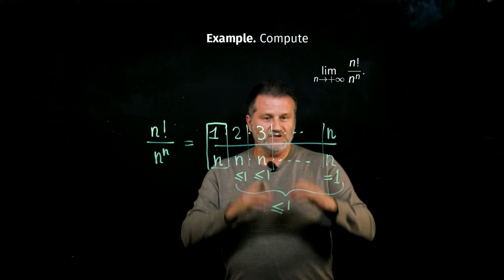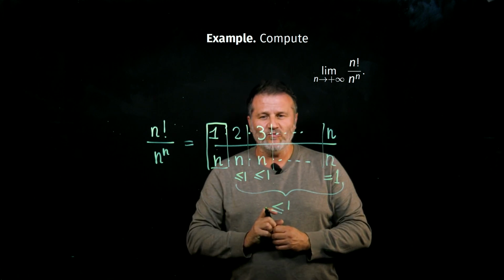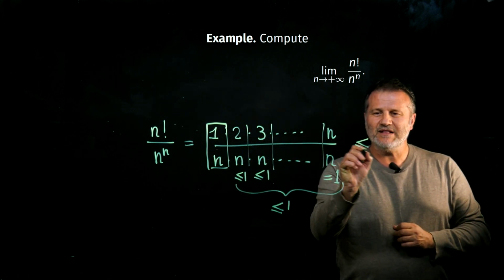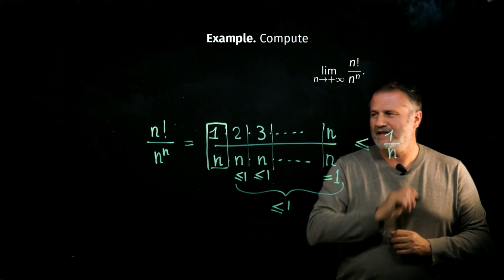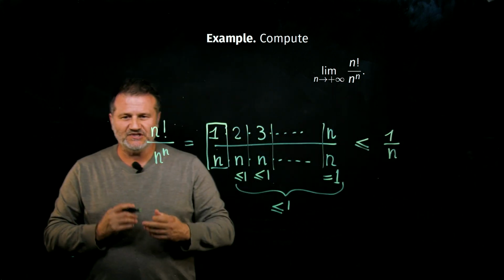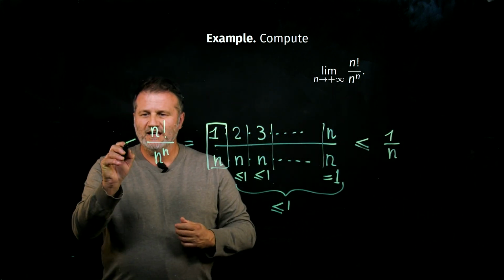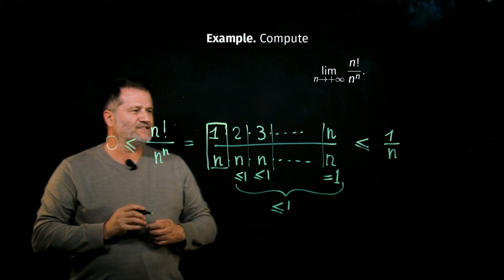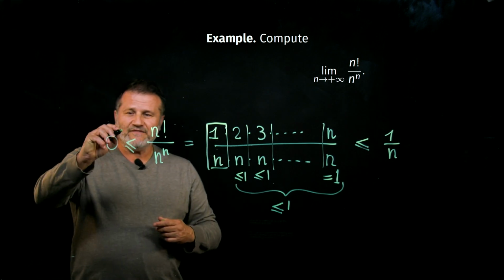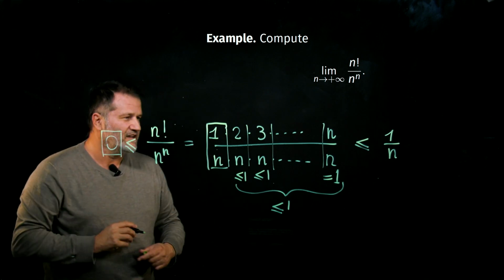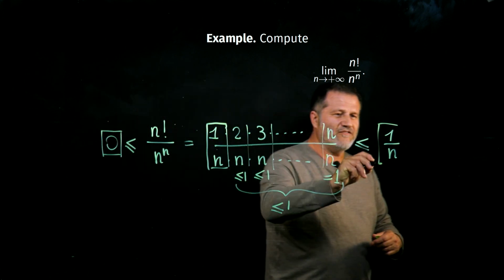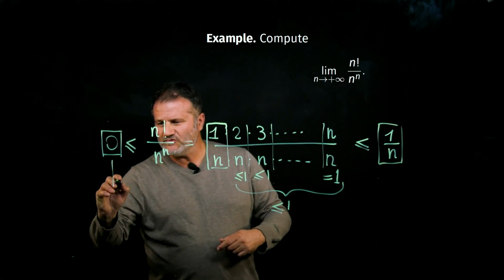So this number, which is less than 1, multiplied by 1 over n, will be less or equal than 1 over n. And since this is the ratio between two natural numbers, it will be also greater or equal than 0. And again, we have the two officers here, 0 and 1 over n, both going to 0.